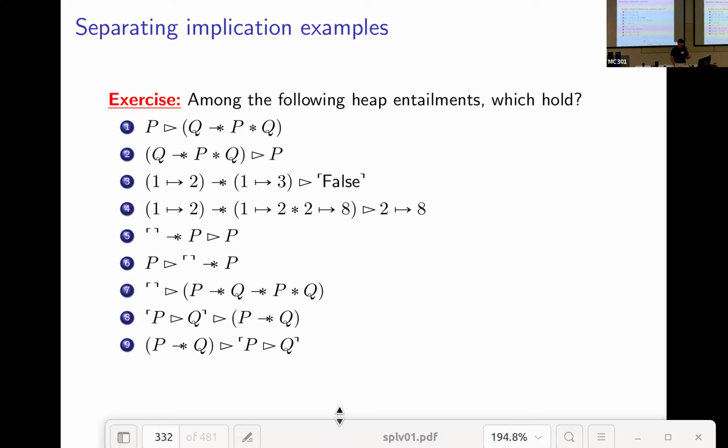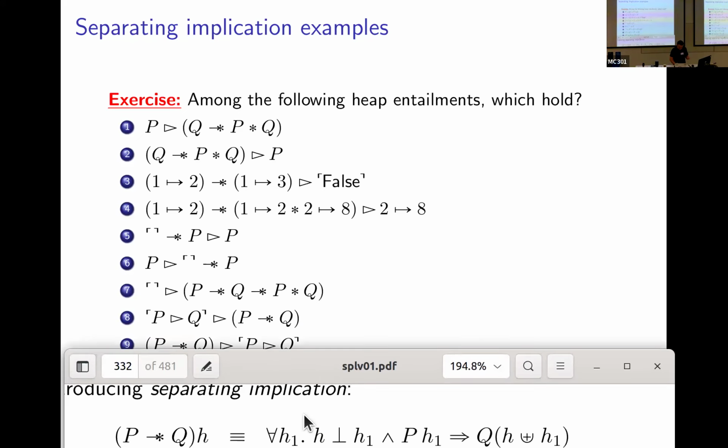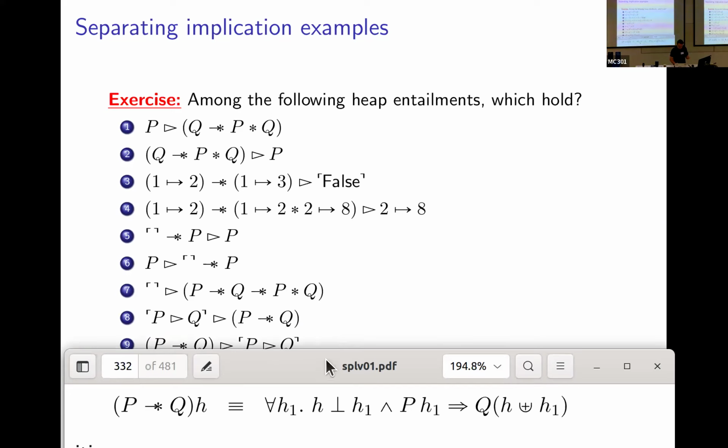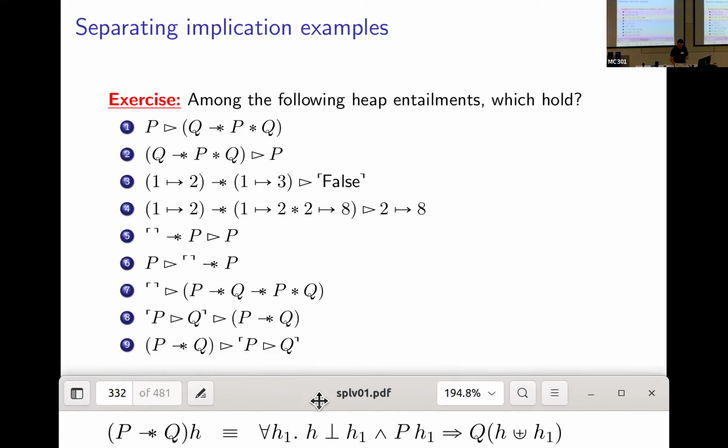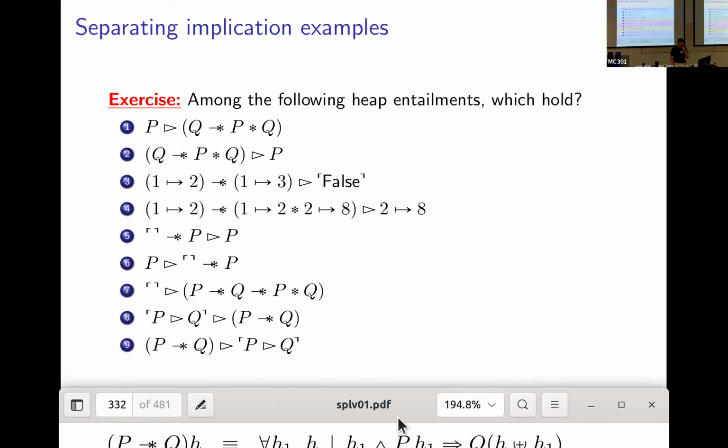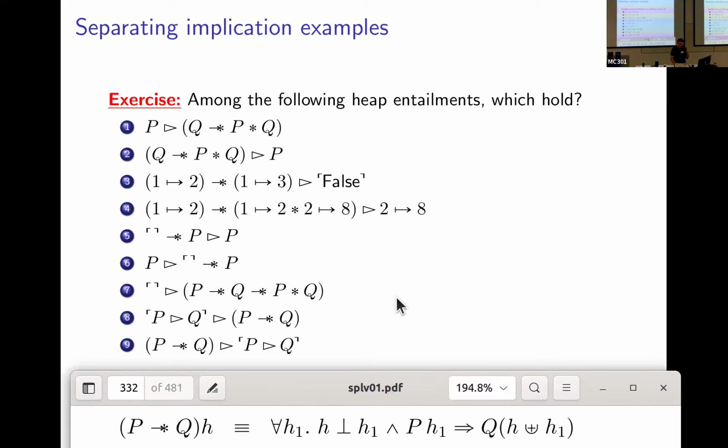All right, a bunch more questions. So you remember heap implication? Those are a bit harder. So you have P implies Q separately implies P star Q. Those two things are not the same. This entailment is a proposition.